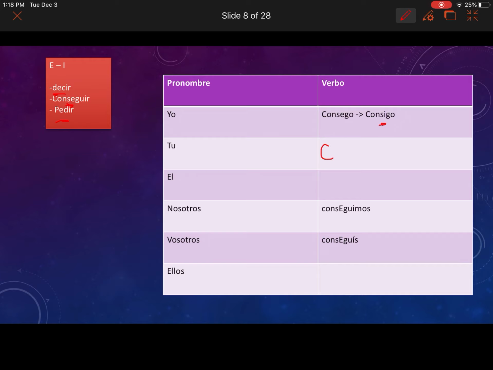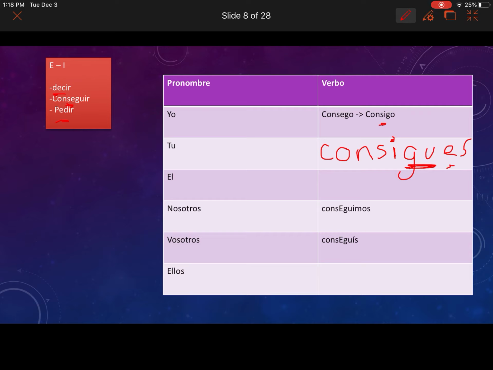So then we have tú. If it was regular without a stem change, it would be consegues. But because it has a stem change, we're going to say consigues. Also a note that we put a U here because the sound that conseguir makes is the hard G sound, and we cannot make the hard G sound with the G unless it has a U right behind it.